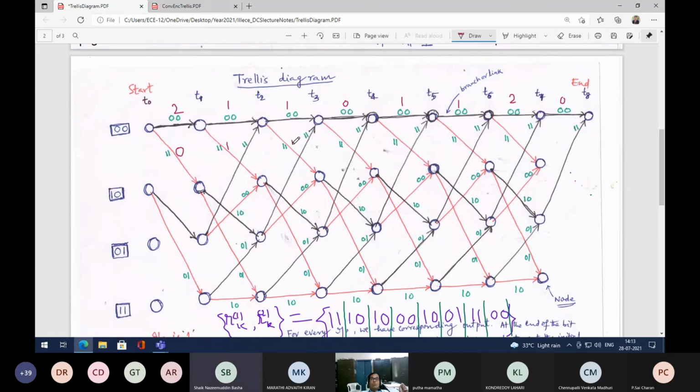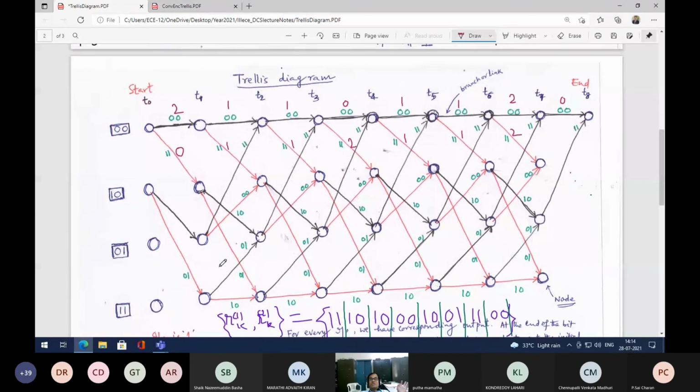Again 1 0, 1 0 0. What is the Hamming distance here? 2, sir. What is the Hamming distance here? 1, sir. What is the Hamming distance here? 1, sir. What is the Hamming distance here? 2, sir. 2. This we will solve. So likewise, you have to proceed for all branches and label them with the Hamming distance.